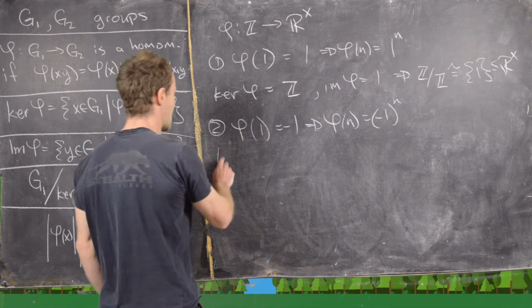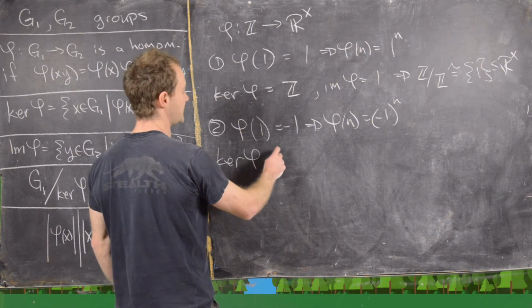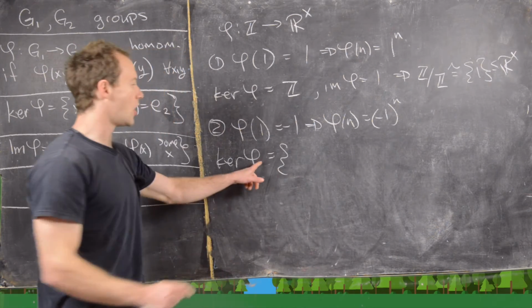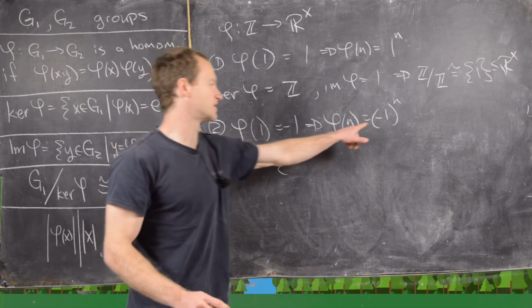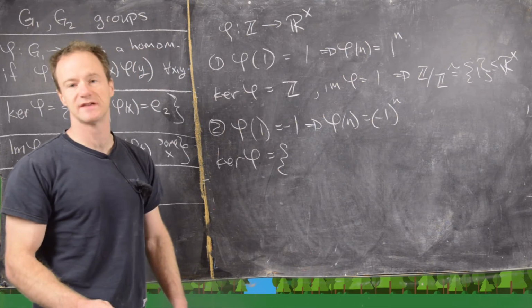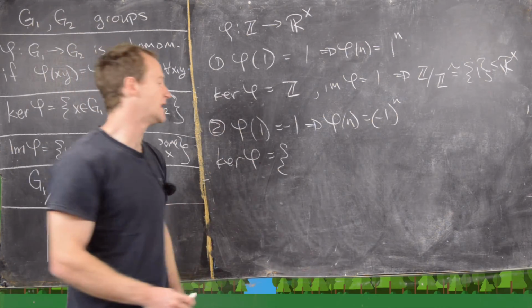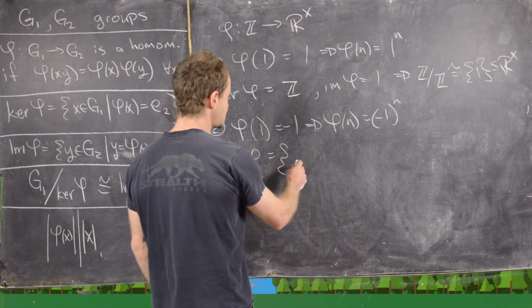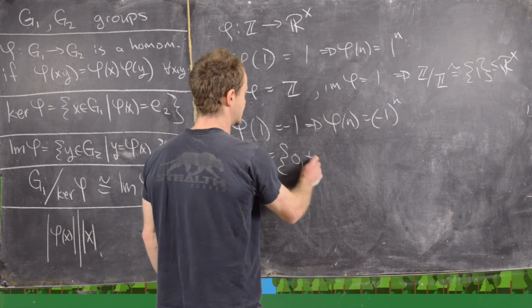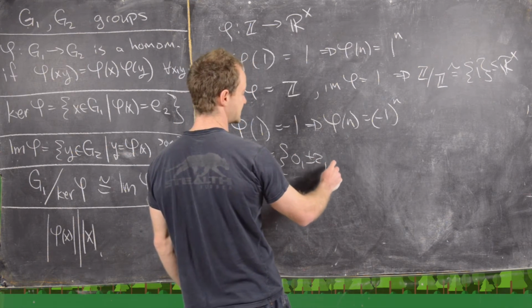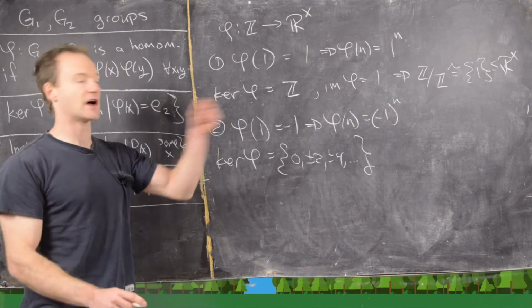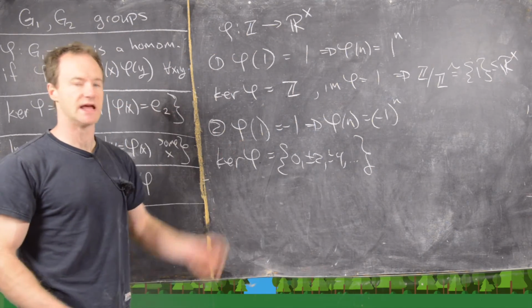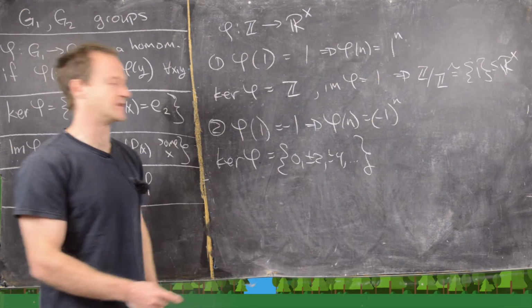Okay, but now notice the kernel of phi is going to be all integers such that negative 1 to that integer is equal to 1. In other words, that's going to be all even integers. So 0, plus or minus 2, plus or minus 4, and so on and so forth. That's how you can get negative 1 to the n to be positive 1, obviously.